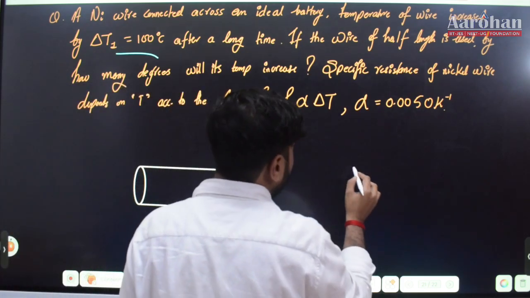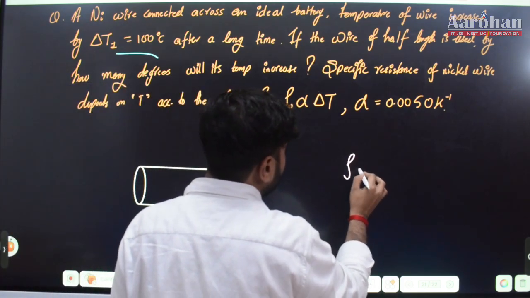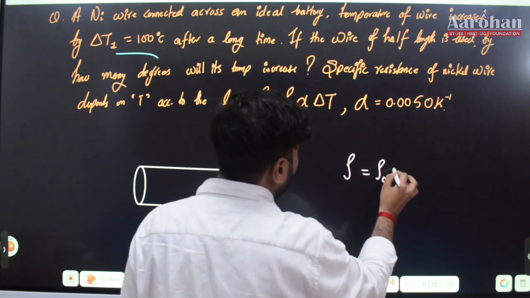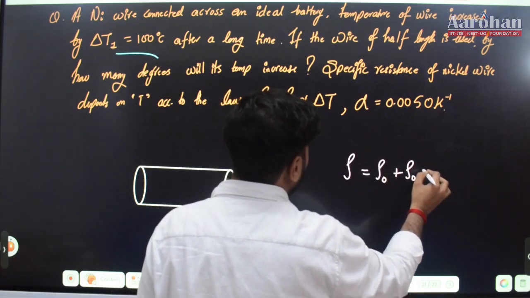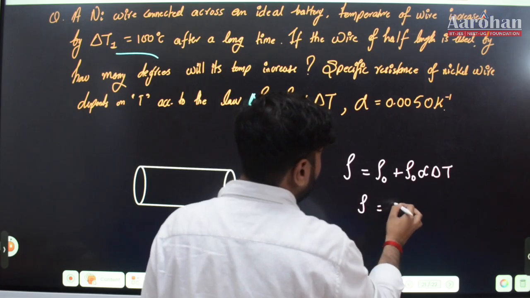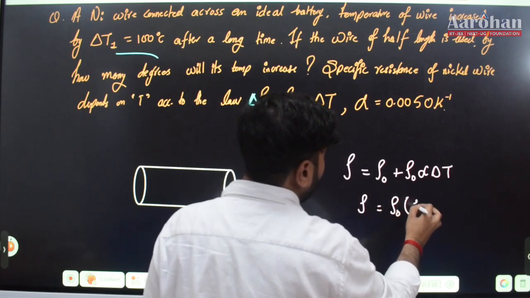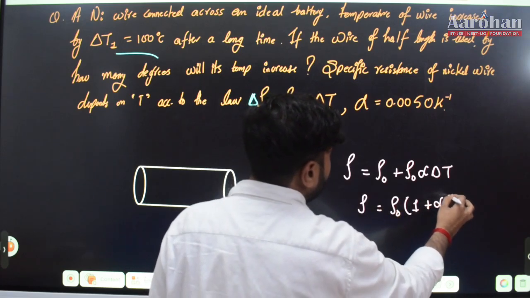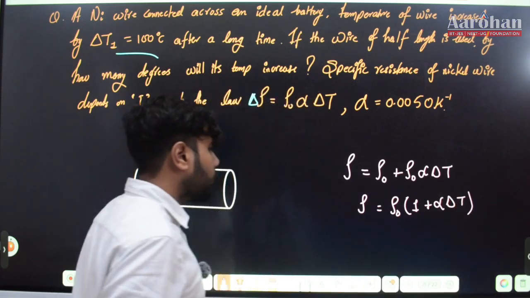This is your delta T, and that means your final resistance can be written as rho naught plus rho naught alpha delta T, right? So rho naught you can take common, so it will be rho naught times (1 plus alpha delta T).